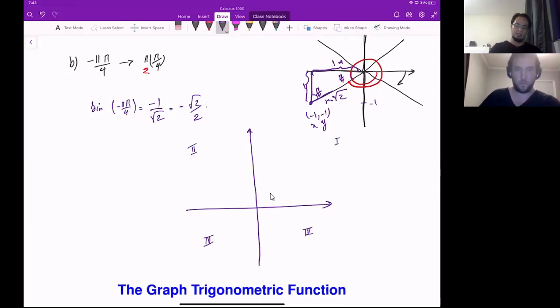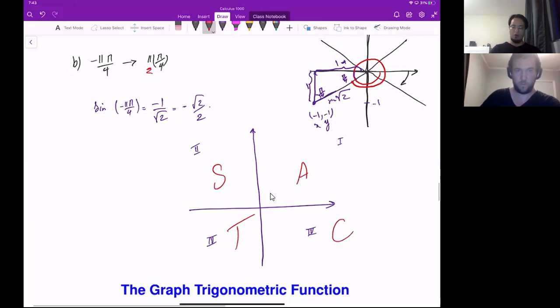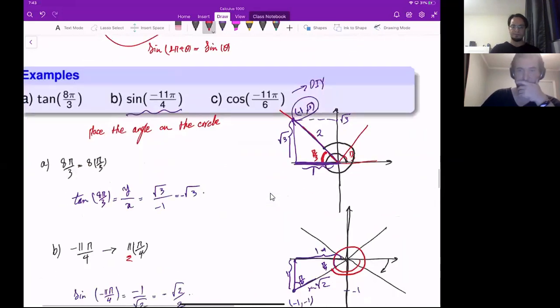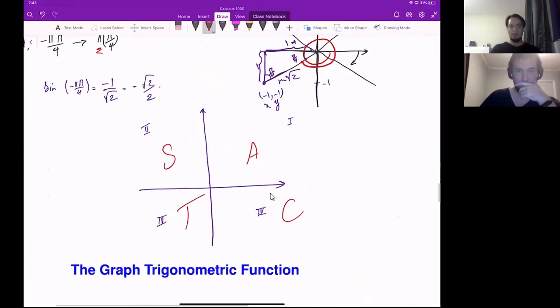And the way it is coded, I like this one: all students take calculus. So all, by the way, means sine, cosine, and tan, all of them are positive. Only sine is positive. Only tan is positive.